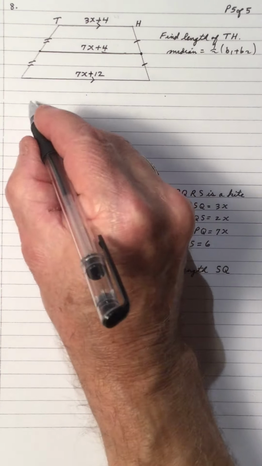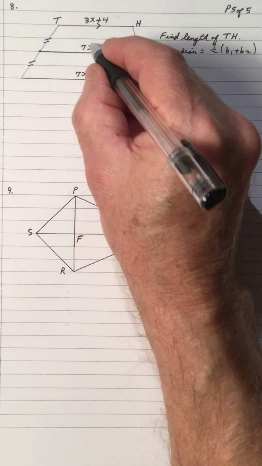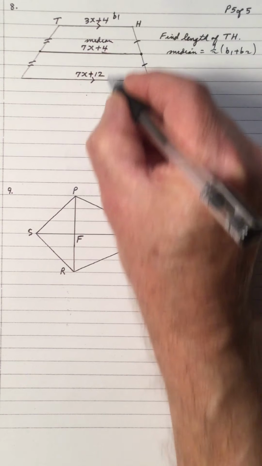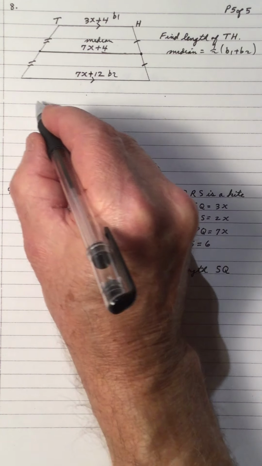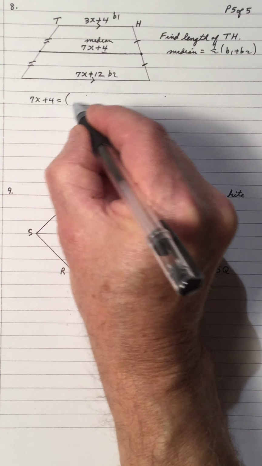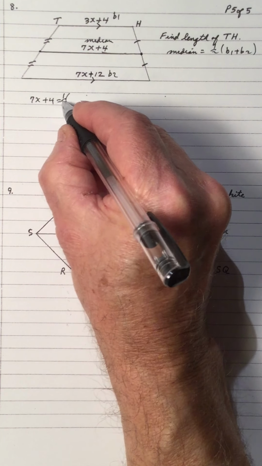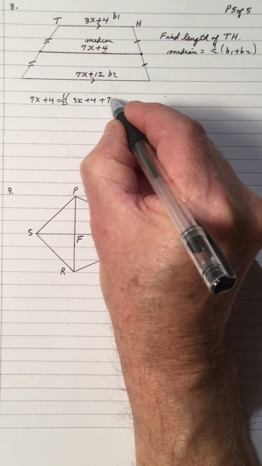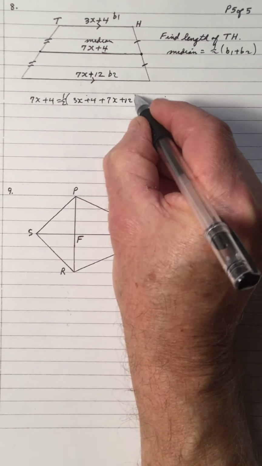This is the median, this is base 1, and this is base 2. So the median, 7x plus 4, is half of 3x plus 4 added to 7x plus 12.